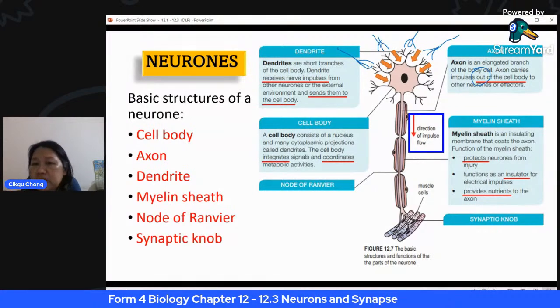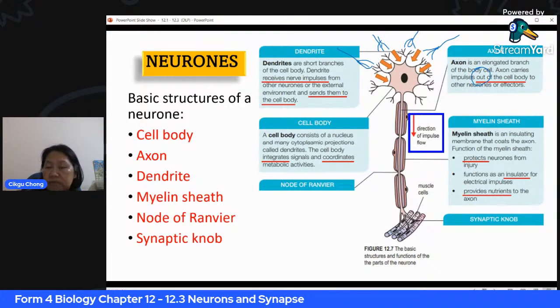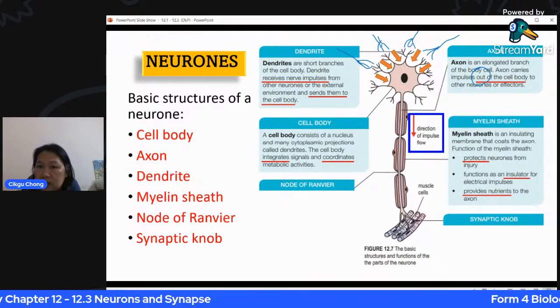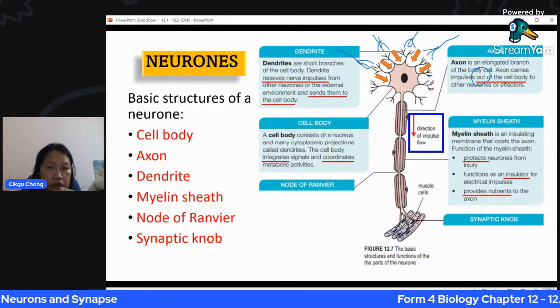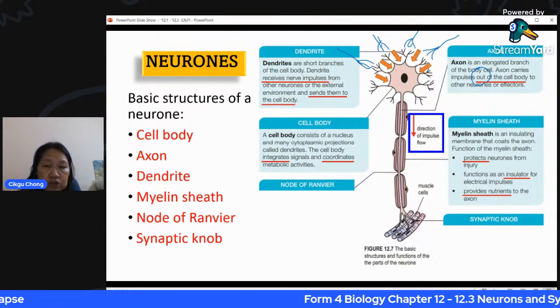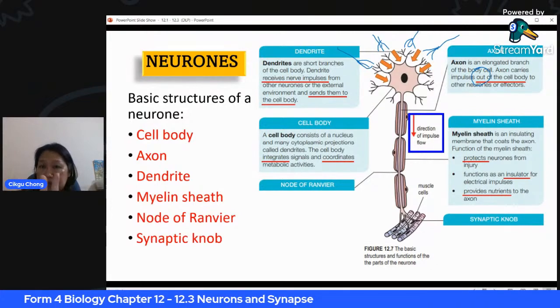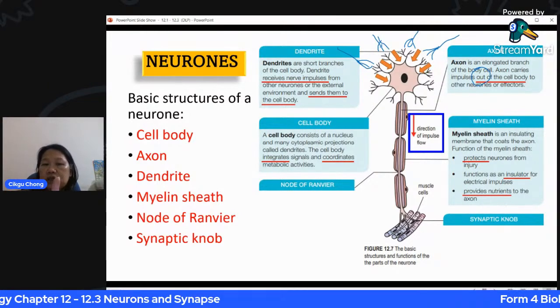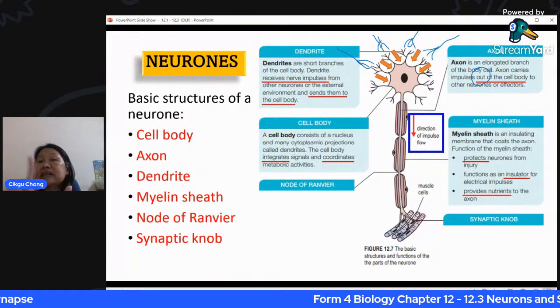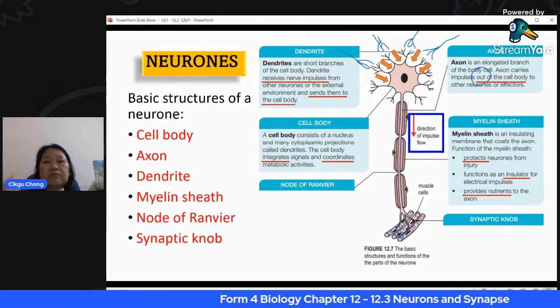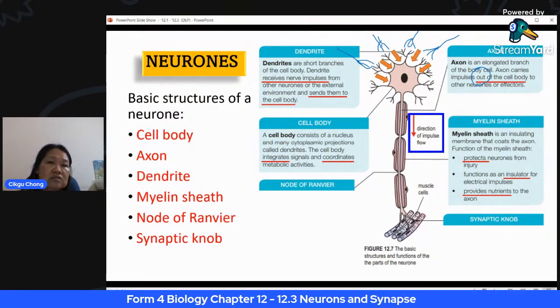So same principle here. You have the impulse passing through the axon. And then if you don't have something to insulate the electrical impulse, this neuron may have another neuron nearby. There are many neurons together at the same time. So if you don't have the insulation, the impulse may jump over to the next neuron, and then it may be transferred to another place, which is not the correct place.